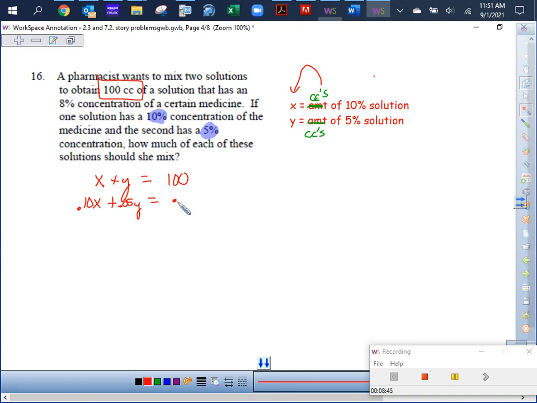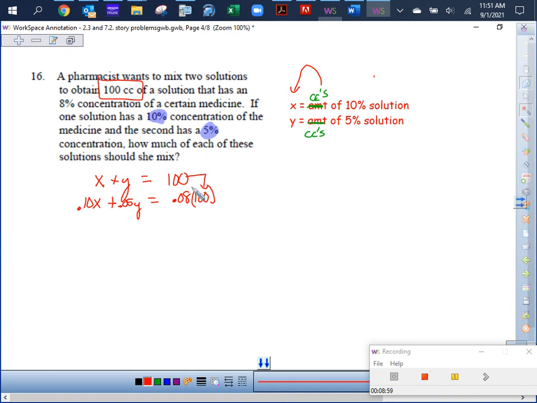Now, here's the trick. 8% of what? 8% of the whole thing. The whole thing is how many cc's? 100. So in a mixture problem, we always bring whatever our total amount is down here and multiply it times our percentage. Like 8% of all 100 cc's of that is supposed to have the medicine in it, right? So 8% of the total.